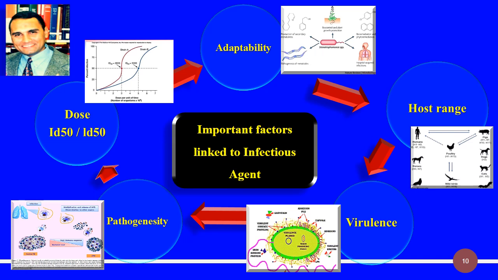Then the host range means that a pathogen can infect more than one host at the same time: humans, animals, birds, and so on. We also note the virulence. That means the ability of any infectious agent to infect or damage the hosts.